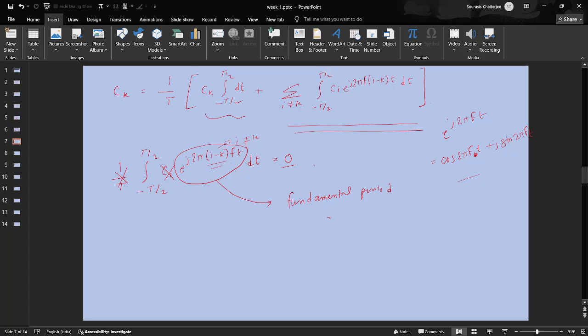So let's talk about fundamental frequency first, then from there we can get into fundamental period.